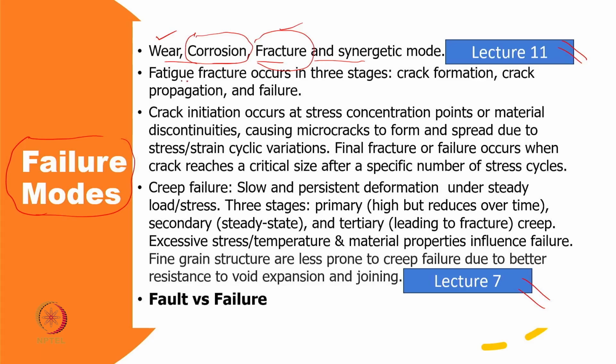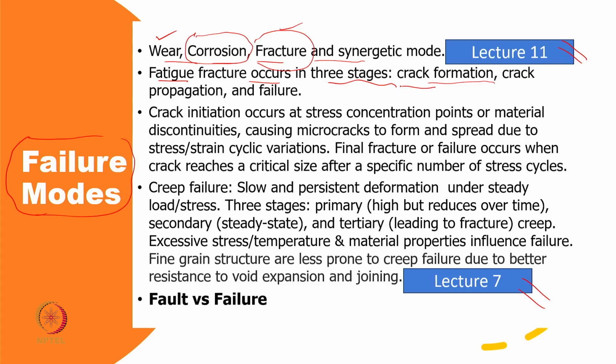Again, we studied fatigue fracture. We said there are 3 stages. One is crack formation. Again, I am using the word crack formation, not crack initiation. We know that initial cracks will be there in almost all materials. There will be grain boundary problems, and some manufacturing related problems. There will be some crack or length which may not be seen easily, but there will be cracks.